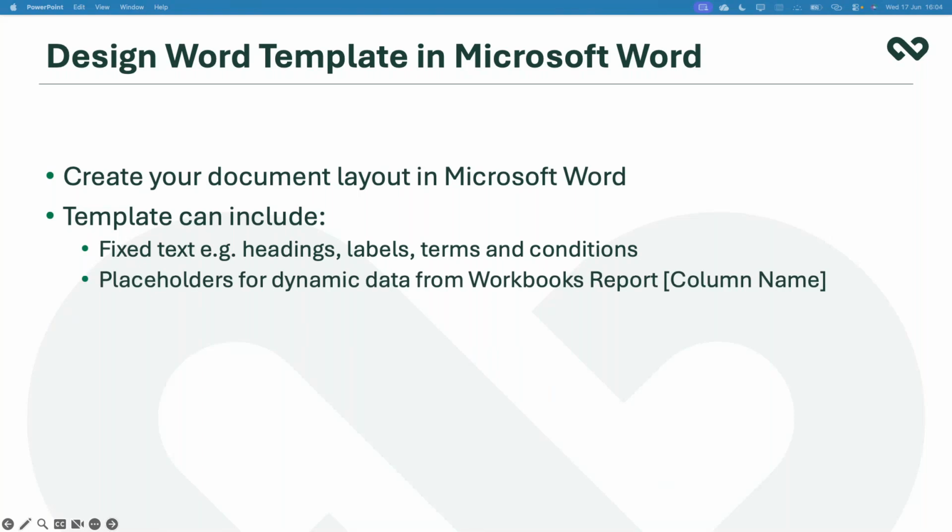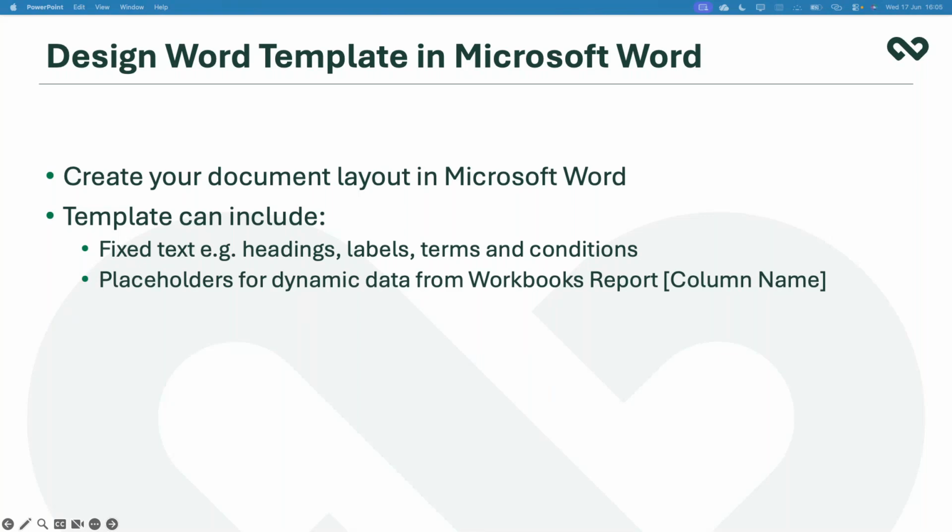Similarly, image placeholders can be used to pull in images stored in a Workbooks field. The placeholder has the Workbooks report column's name that is looking at the image field with an additional parameter after the add symbol. So the Word add-in knows that it is meant to display an image, and we can also specify the width or height of an image.